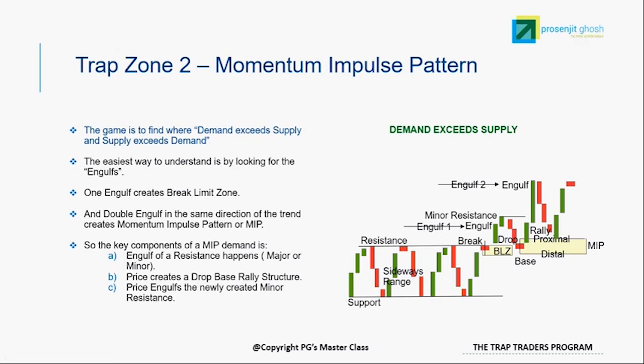Anybody has any confusion, any challenge about this pattern? The shape of this pattern in a line chart will look like a V. This drop base rally will look like a V. It will not look like a W in a line chart.